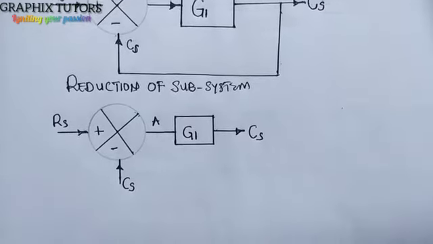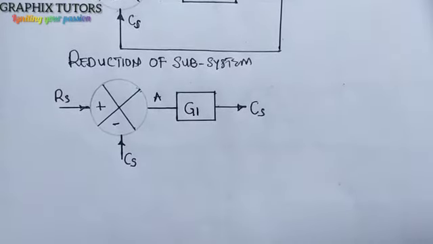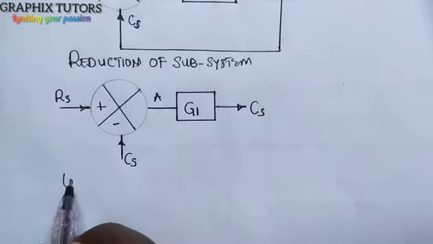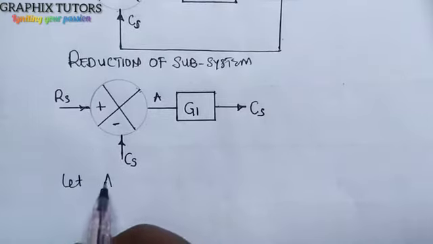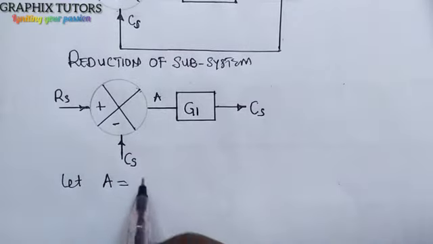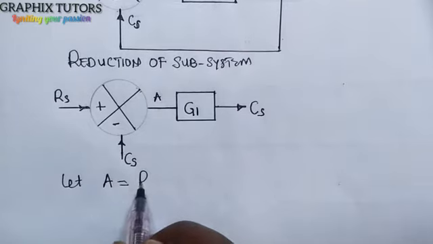So I'm going to say that let A be equal to the error detector, or we'll call it the summer, to be the RS.